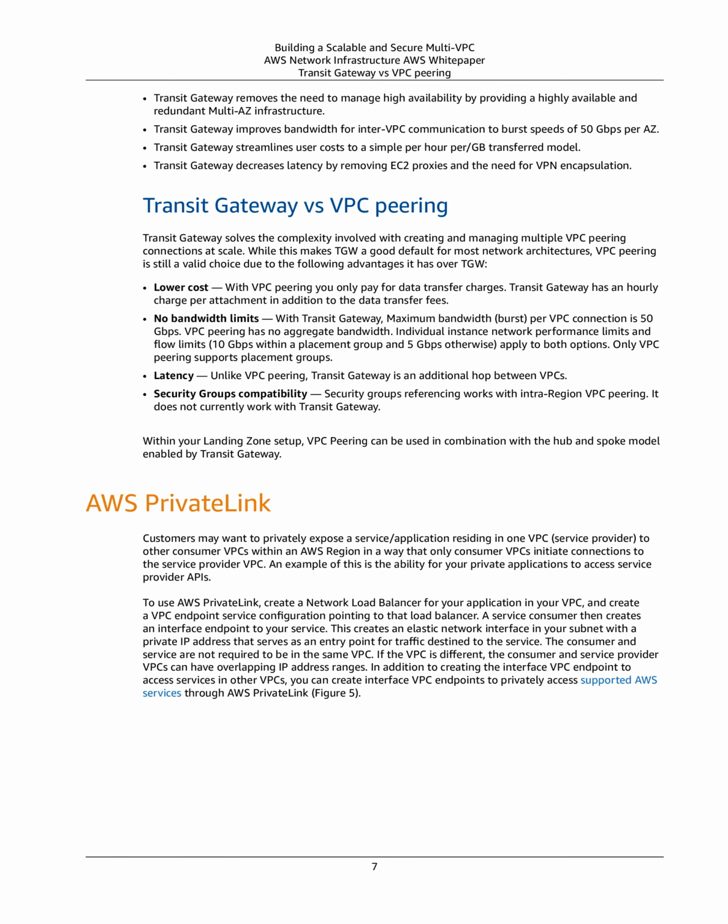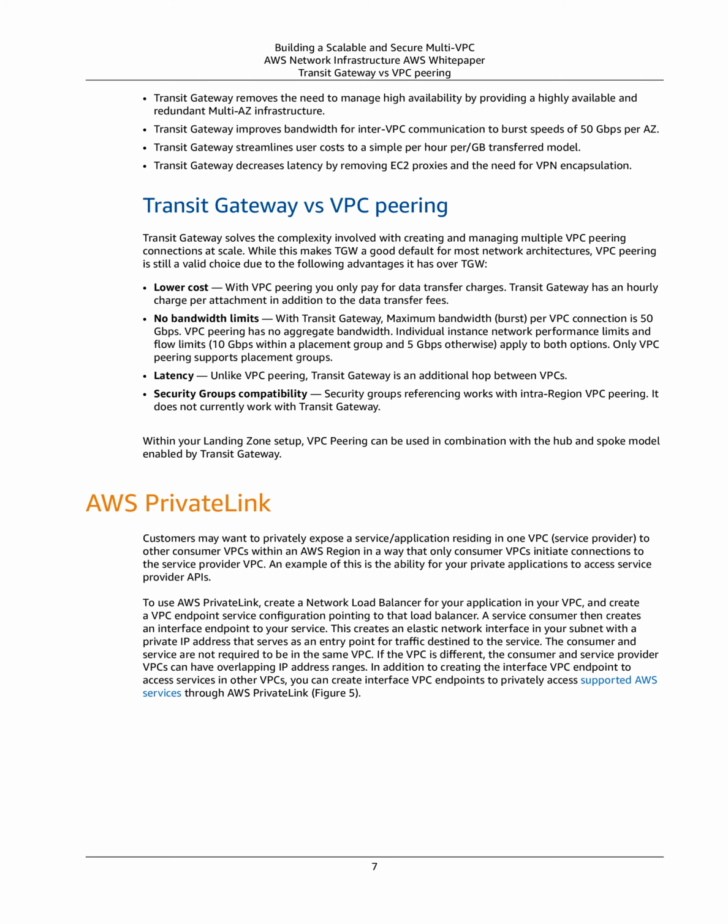Transit Gateway removes the need to manage high availability by providing a highly available and redundant multi-AZ infrastructure. Transit Gateway improves bandwidth for inter-VPC communication to burst speeds of 50 gigabits per second per AZ. Transit Gateway streamlines user costs to a simple per hour per GB transferred model. Transit Gateway decreases latency by removing EC2 proxies and the need for VPN encapsulation.